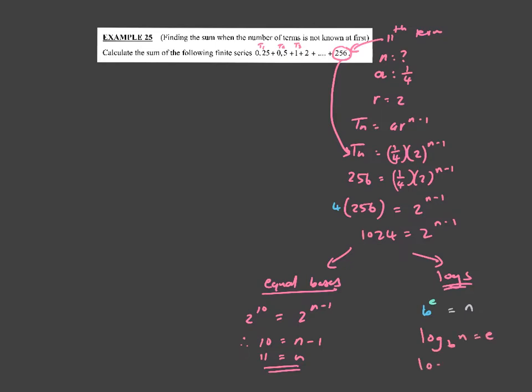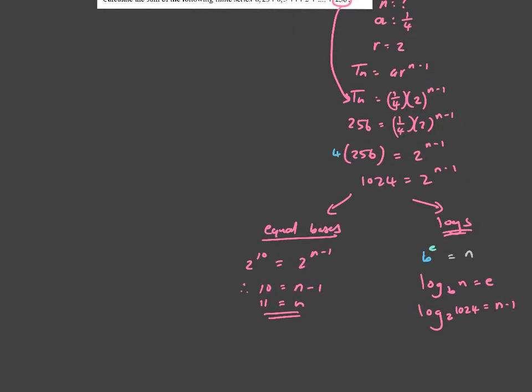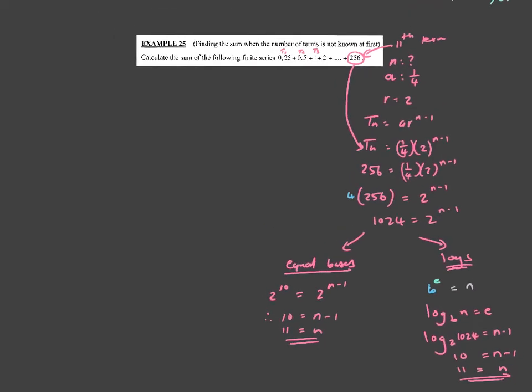Good. So it's log, the base is 2, the number is 1024, is equal to n minus 1. Log base 2 of 1024 is equal to 10, so 10 is equal to n minus 1, therefore n is equal to 11. Right, doesn't matter which way you do that.